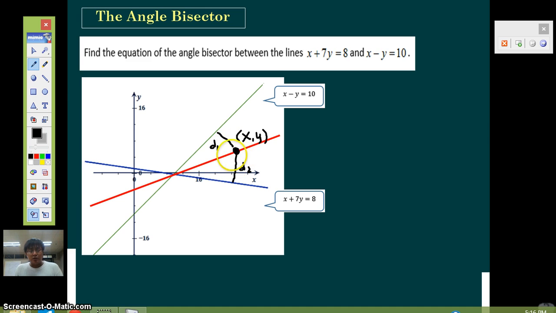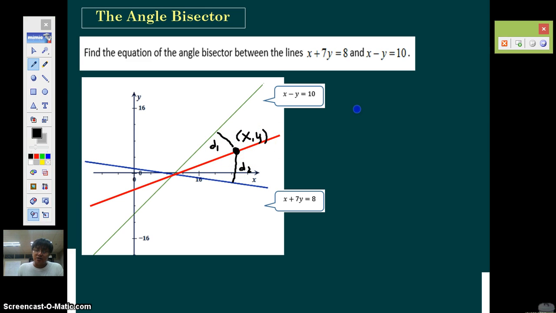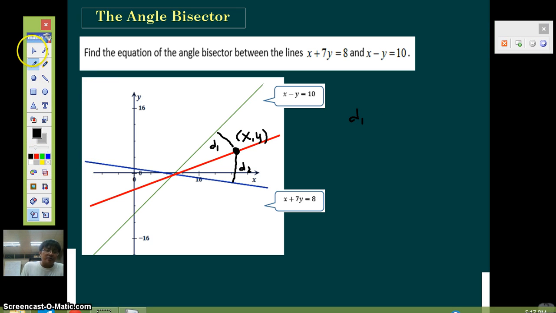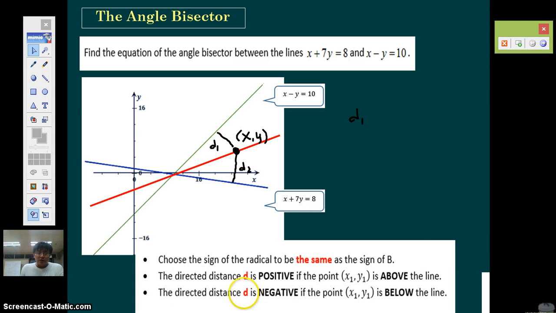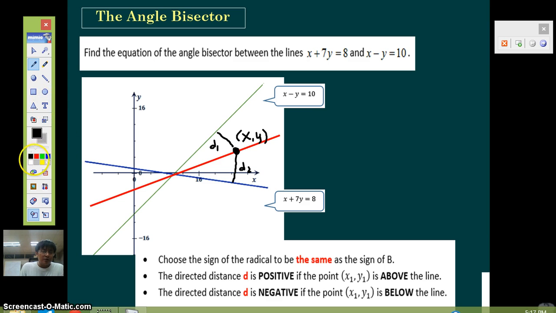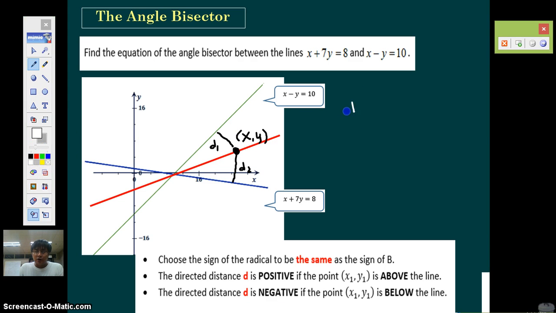What do you think is the sign of the directed distance D1? Remember that in a directed distance we will get a negative directed distance if the point is below the line. D1 is the distance between our point and the green line, and definitely the point is below the line. Therefore, the sign of D1 must be negative.